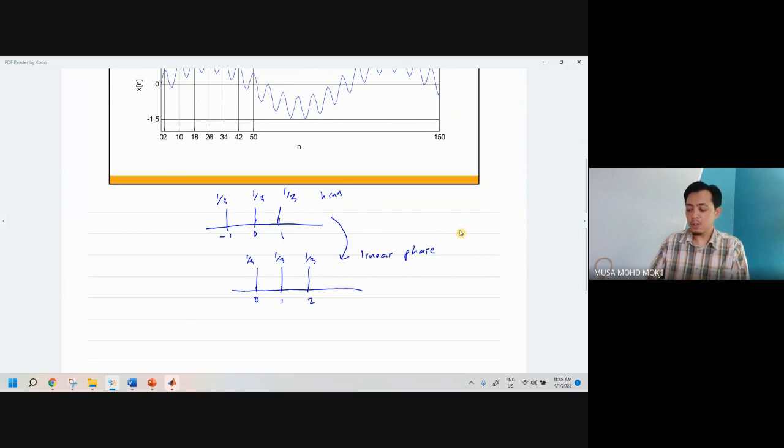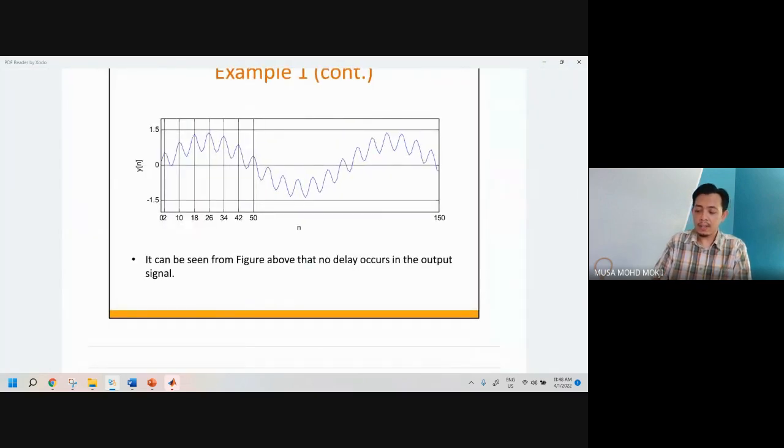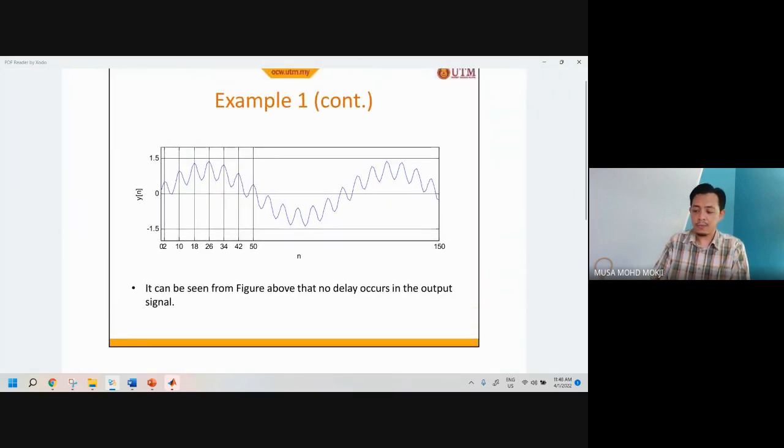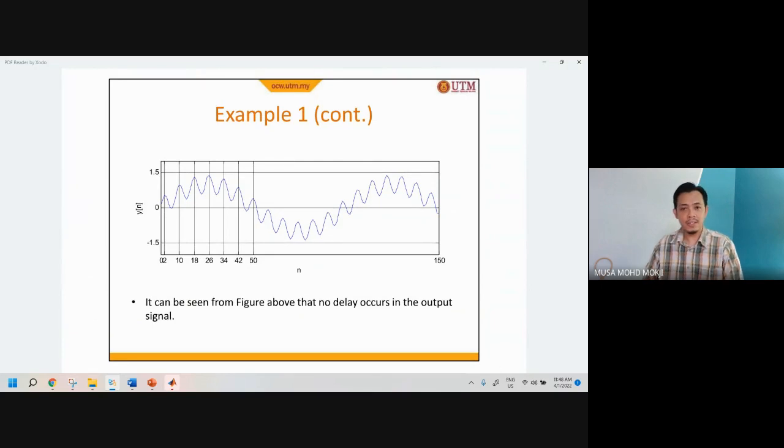Phase distortion is something you can imagine if you have a live telecast of, let's say, a live football match. There are two things coming in: one is video, another one is audio. We need to make sure that the audio and video align, so that the audio is saying what is actually happening at that time.